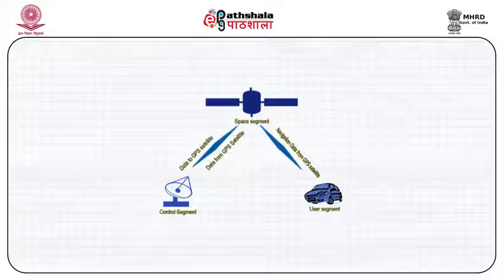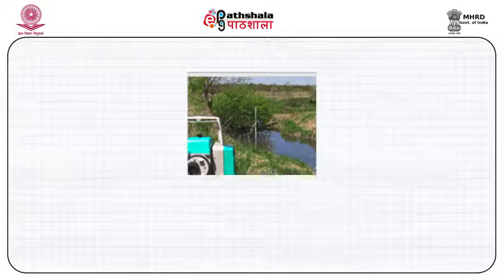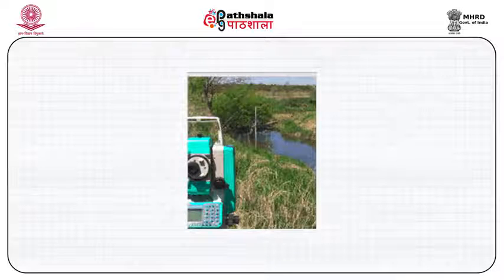This is another way of creating spatial data that could be in the form of point, line or polygon. Now, the last figure, figure 9, is very interesting. You will see in the figure that there is a total station that combines a theodolite with electronic distance measurement, EDM, that calculates the distance. It is the most sophisticated instrument used to create GIS databases.